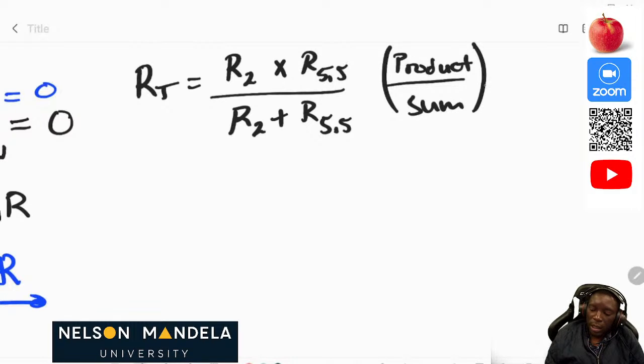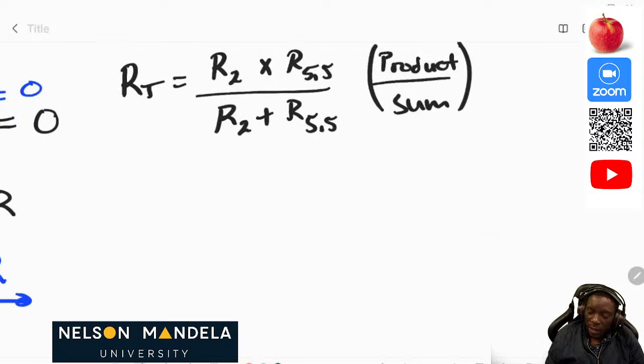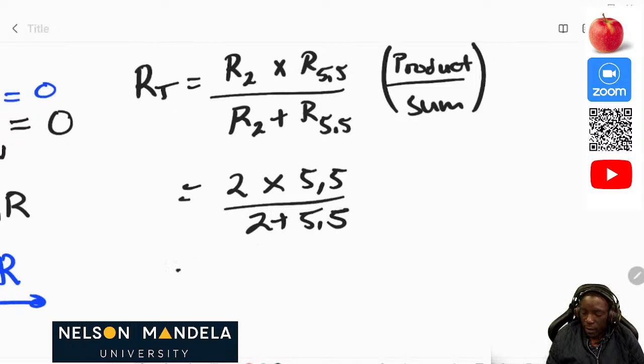This is the same as the inverse of 1 over R1 plus 1 over R2. So we can use product over sum like this. That means RT is 2 times 5.5 over 2 plus 5.5. And that's 11 over 7.5.